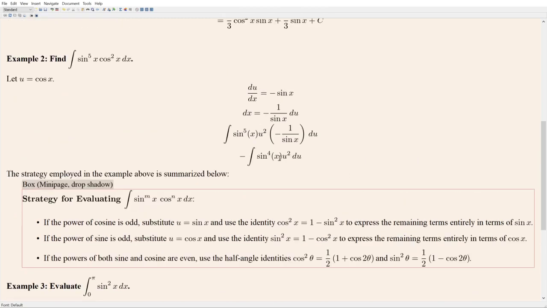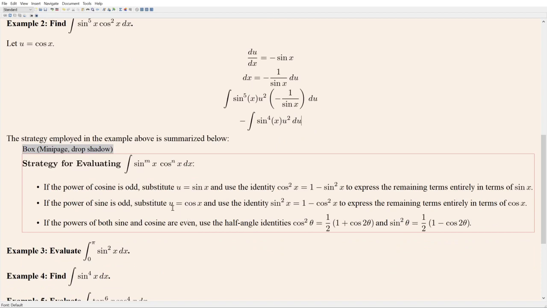Now, of course, we are not yet in a position where we can integrate this, because in order to integrate this, we need to have nothing but u's. But we still have this sine x to the 4th power left over. So what can we possibly do to get rid of this? Well, use the identity sine squared equals 1 minus cosine squared.